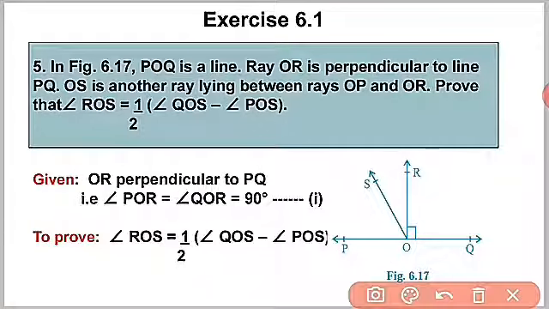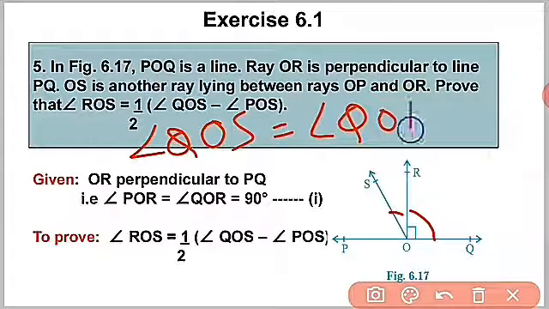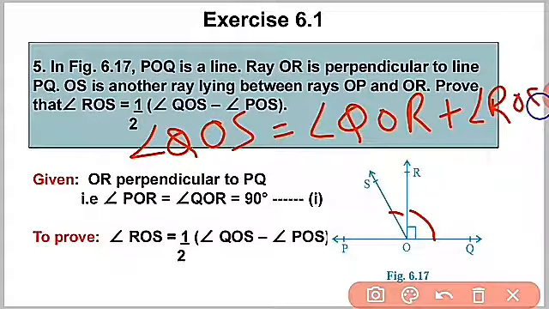From this figure, find out what is angle QOS. We can see angle QOS contains two angles, that is angle QOR and angle ROS. So we can write angle QOS equal to angle QOR plus angle ROS.